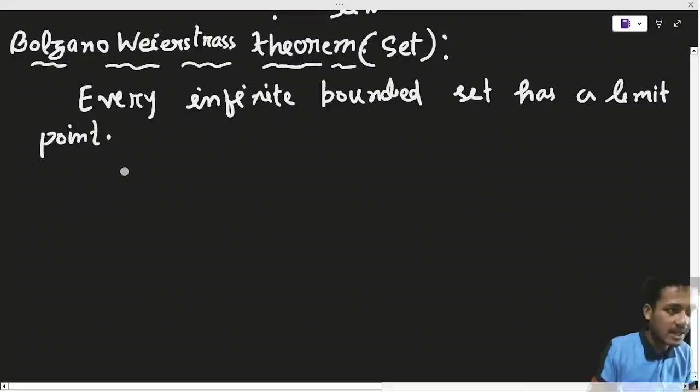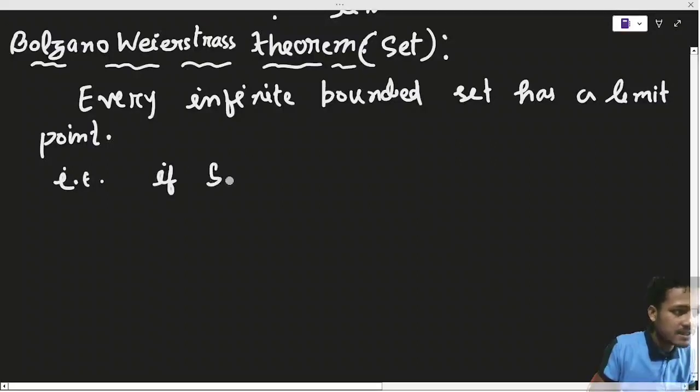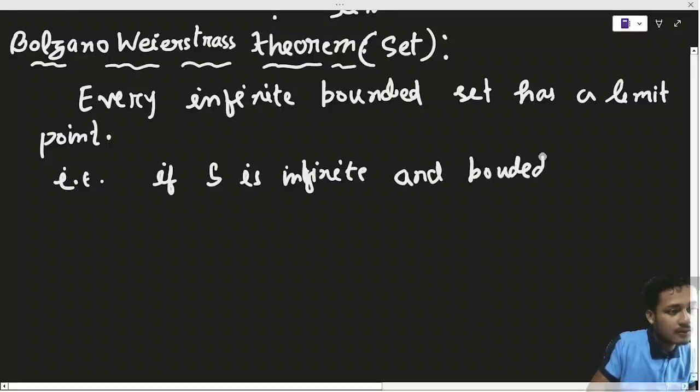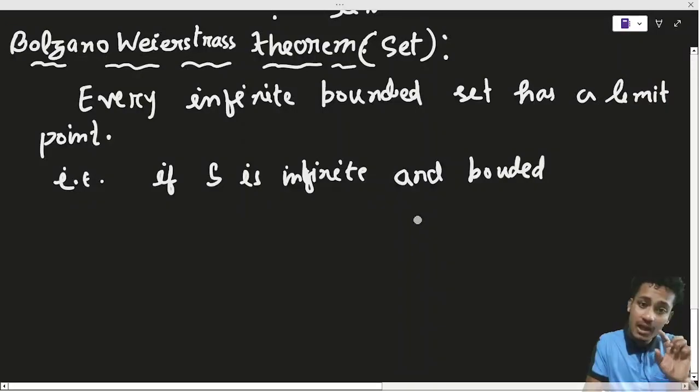तो ये Bolzano-Weierstrass है. That is, if S is a set which is infinite and bounded, that means S has a lower bound and an upper bound.